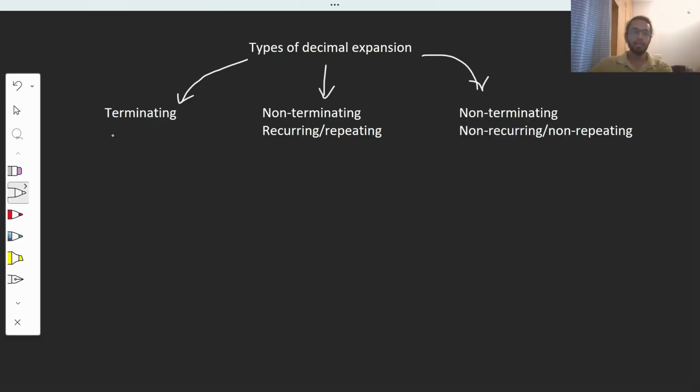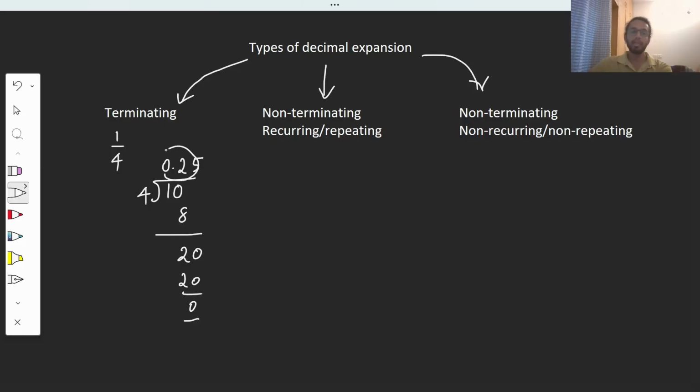For example, for terminating, I'm taking the fraction 1 by 4. Now when I divide 1 by 4, we have to keep a decimal because 1 is a small number. So we introduce a 0, and then 4 2 times is 8, and then we get the remainder 2, and then there is a 0 which automatically comes, and then 4 5 times is 20, and now the remainder is 0.